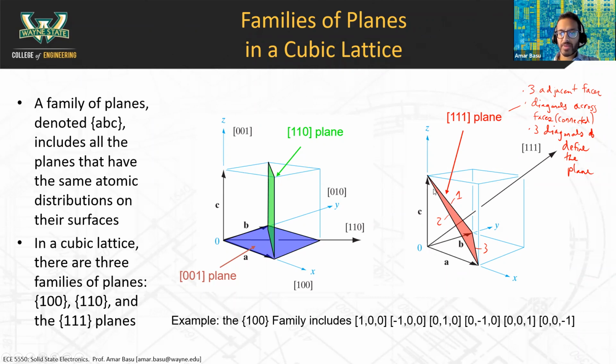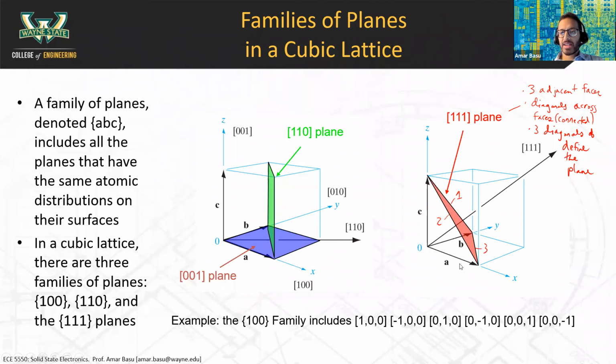On each one of the three faces, we draw a diagonal across it, and then we connect those three diagonals with the plane. You can see it kind of looks like a triangle here. So the 111 family of planes also cuts through the cube like the 110 plane, like the green one here, but it does so in a different way. You can see that the plane has a slightly different angle.